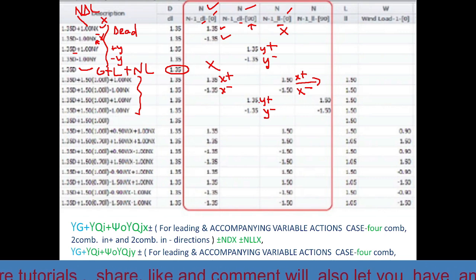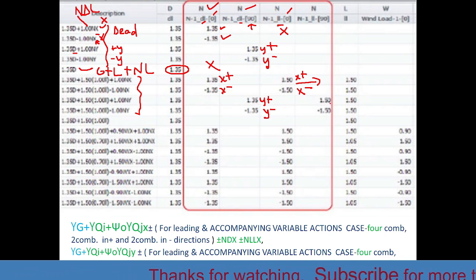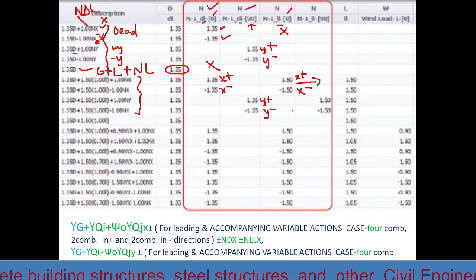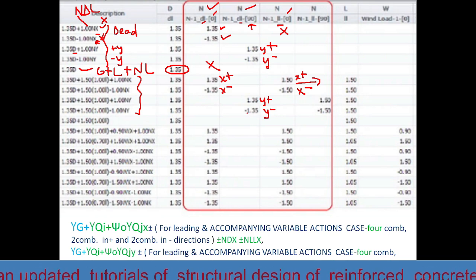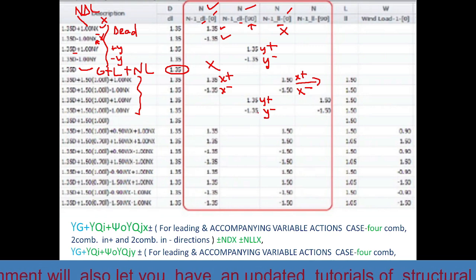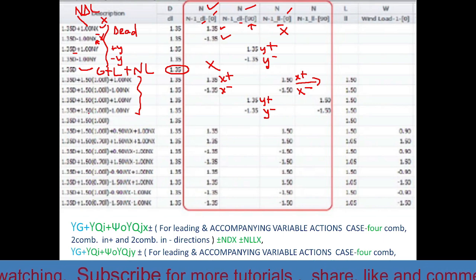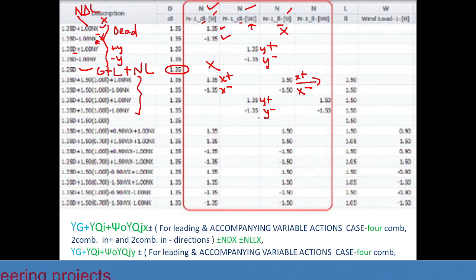So 1.35 dead load plus 1.5 live load along y positive direction plus 1.35 dead load plus 1.5 live load will provide the third combination. And the fourth combination will be in negative y direction, that is 1.35 dead load plus 1.5 live load plus 1.35 dead load plus 1.5 live load will provide the fourth combination.